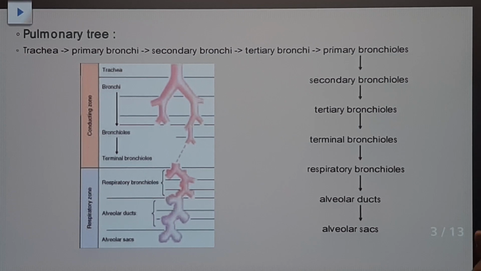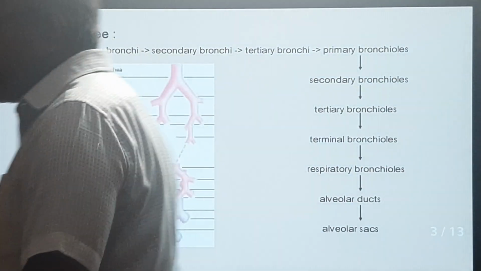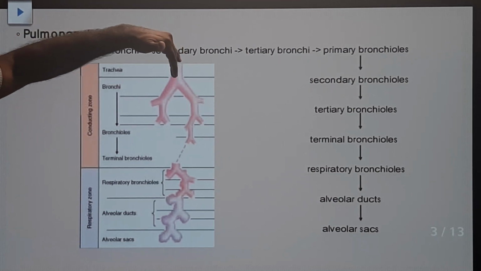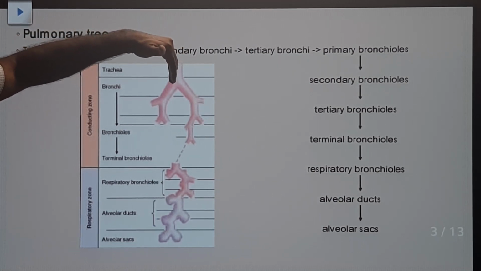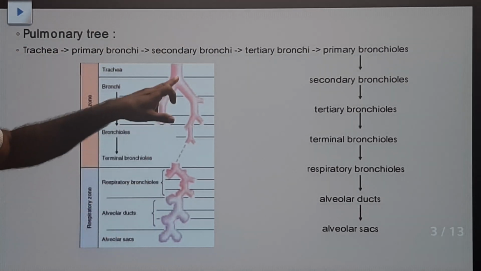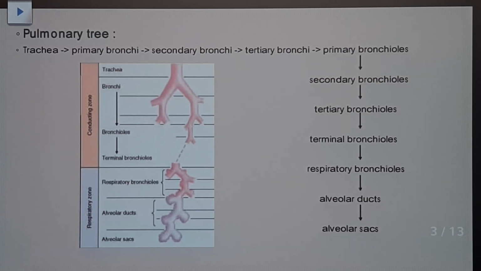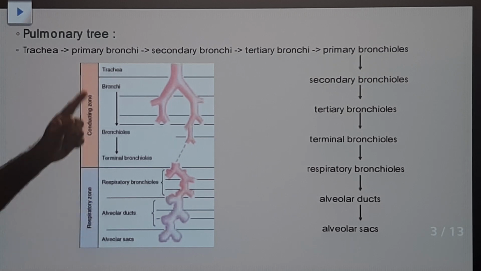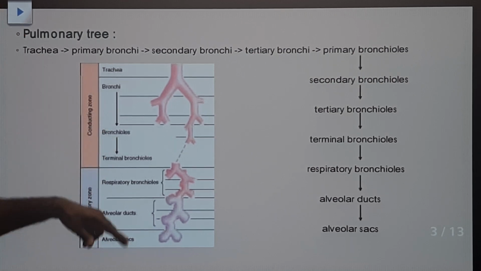Here in detail, you see this. This is the trachea. The trachea first divides into left and right primary bronchi at the fifth thoracic vertebra level. It is redivided into secondary bronchi, and again divided into tertiary bronchi.